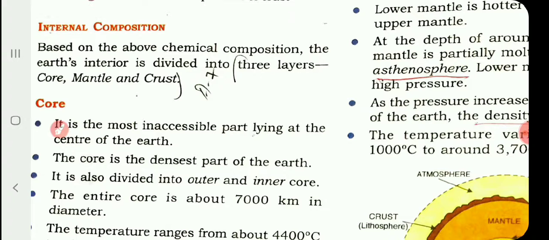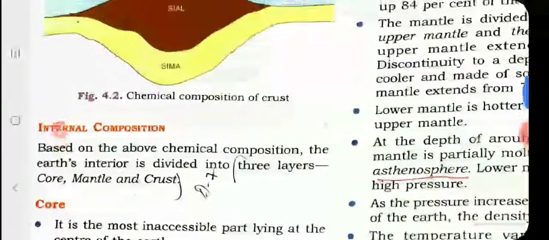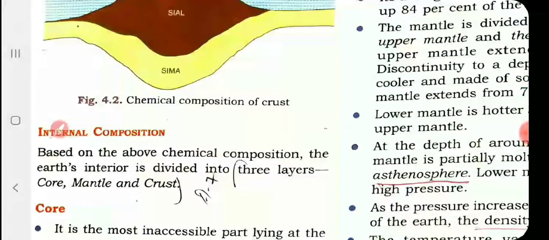The innermost layer is the core, then the mantle, and the outermost layer is the crust. We saw the chemical composition of the crust. Crust is made up of lithosphere, hydrosphere, and atmosphere.